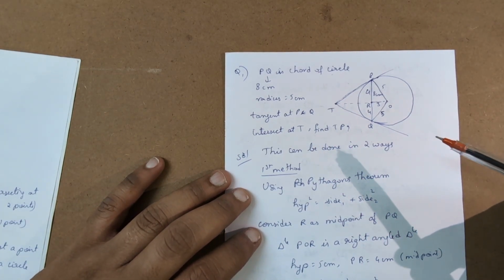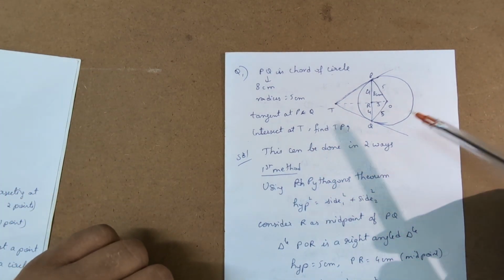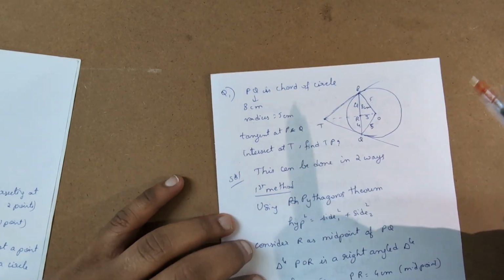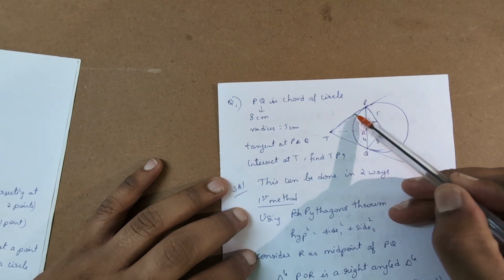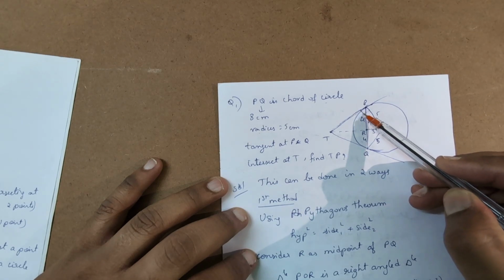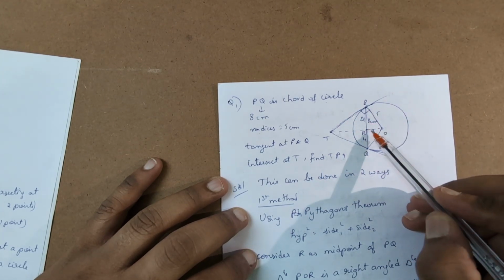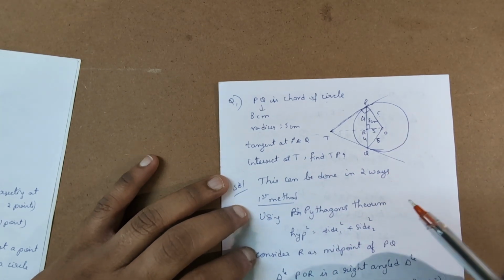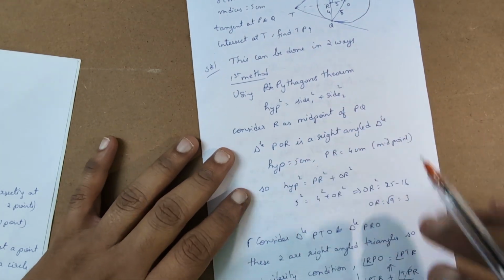So let's consider that concept here, so that now we can figure out the length of PT. So for that, see here, any tangent, if it is touching a circle, then this angle will be 90 degrees. The same way, this triangle is also having 90 degrees. Okay, so one angle is the same.